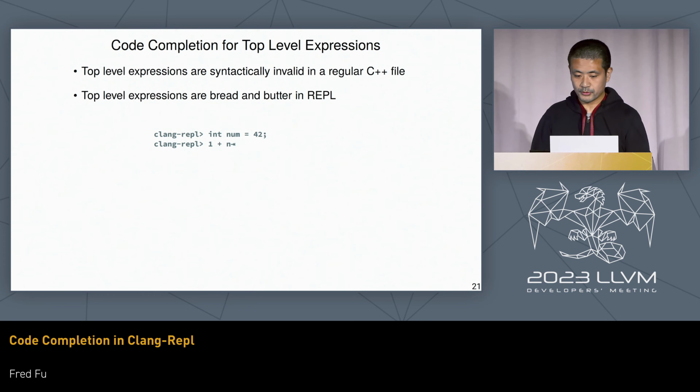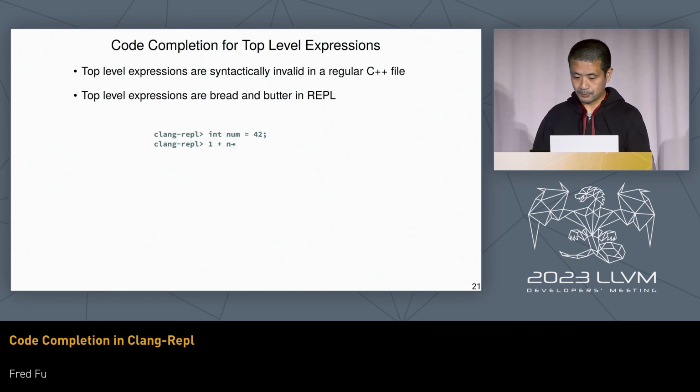The other challenge we faced is how to do code completion for top-level expressions. The challenge really comes down to the fact that top-level expressions are syntactically invalid in a regular C++ file, whereas top-level expressions are bread and butter in REPL.